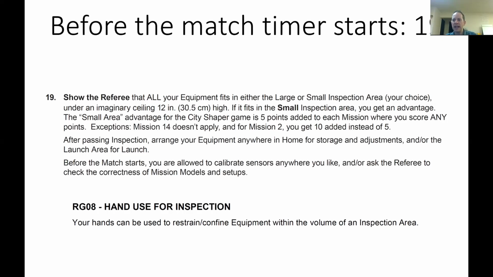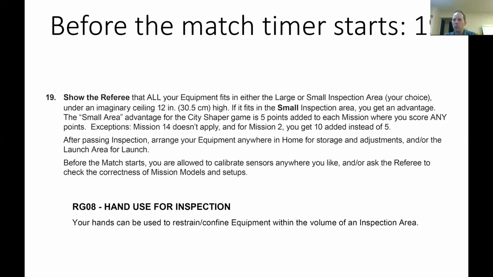Okay, so then the next thing before the match timer starts is that you have to show the referee all of your equipment, which is your robot. Now, here's a thing that I'm not sure about: all the mission models that were at the table, I'm going to say that that's not your equipment.